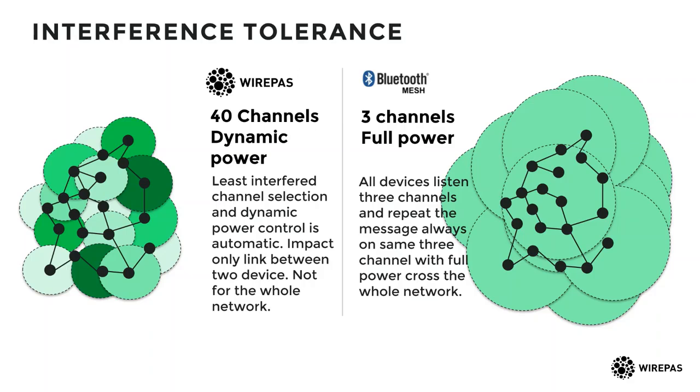We want to use all 40 of those channels and make sure that we are actively looking at what is not having interference on it and moving nodes in the regions where that interference exists away from it and onto free channels. So effectively what this means is we get almost 40 times the amount of throughput capacity network wide that a Bluetooth mesh can, because we can take full advantage of all of the channels.